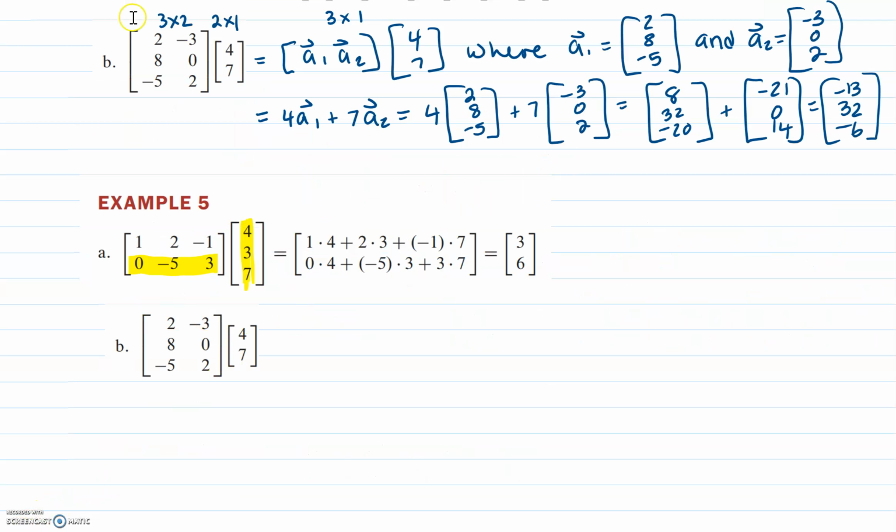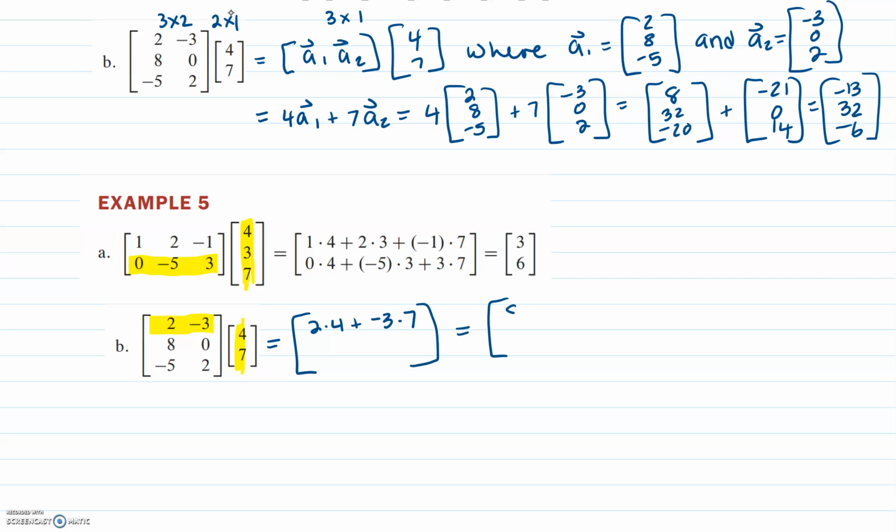So redoing part B with the shortcut method, I'm going to take the dot product of the first row of matrix A with the entries in vector X. And what I'm going to get is 2 times 4 plus -3 times 7.